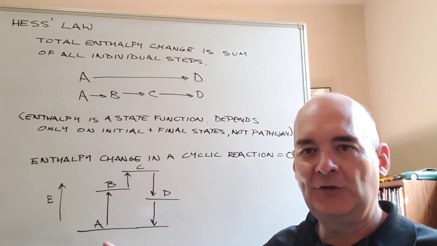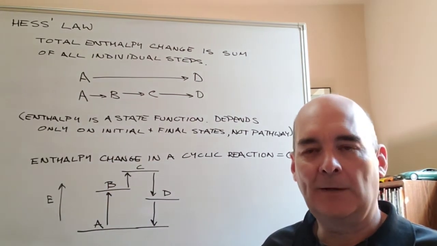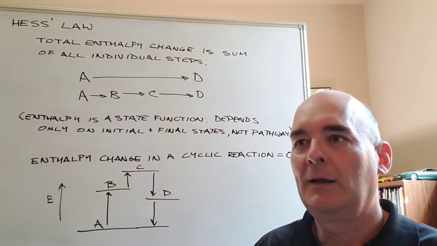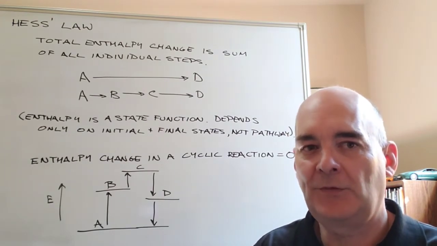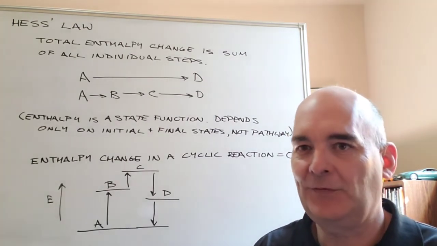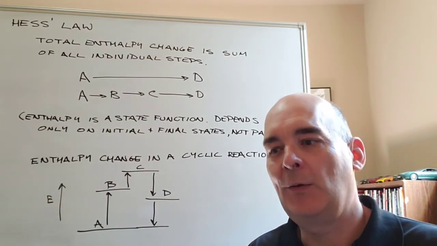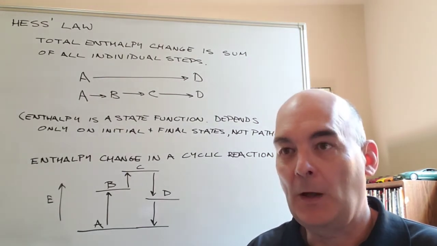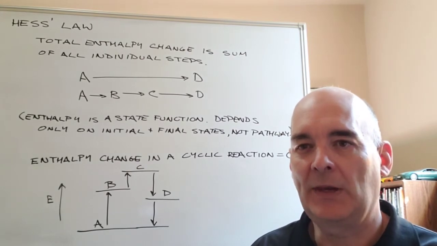That the amount of energy put in has to be equal to the amount of energy given back out again. This is going to allow us to theoretically find numbers for processes that are difficult to find. And it's going to allow us to perform experiments on paper without having to do them in the lab.